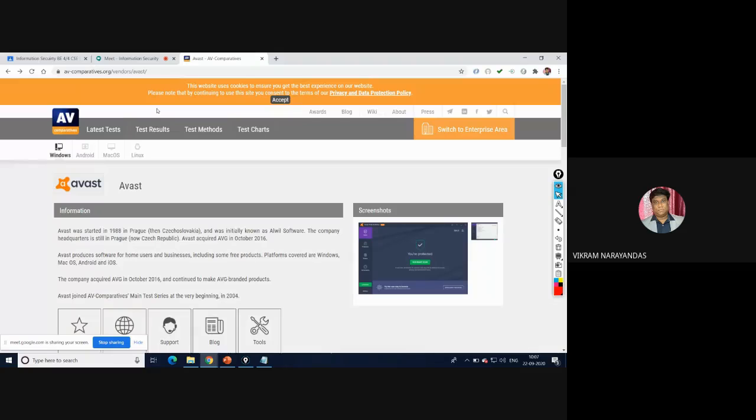And one more thing, don't install antivirus that comes from a pop-up. Why? Because those are most dangerous. There are n number of fake antiviruses in the market.